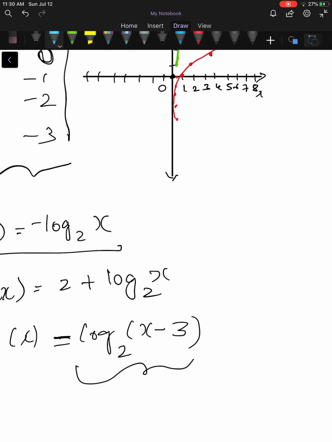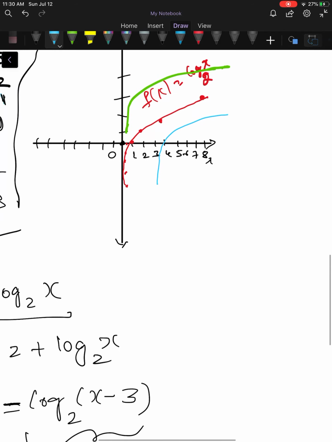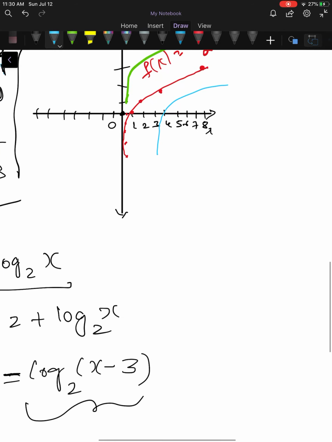So this graph, that is the h graph, will look like 1, 2, 3, somewhat like this, the one that I am drawing in the blue line.